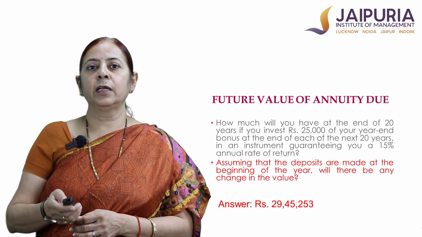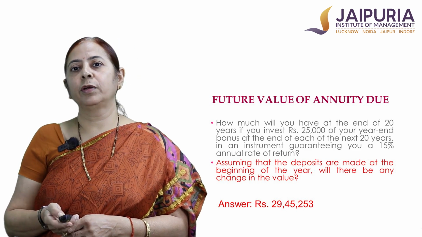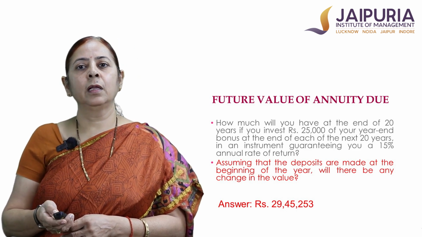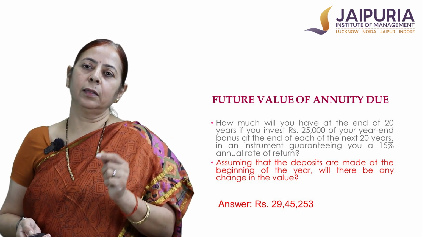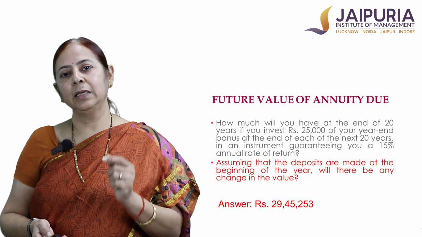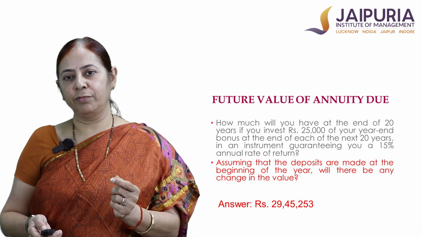So I am taking the same example. You are going to get year-end bonus, 20 years, 25,000 rupees. Rate of interest again is 15%. But I am asking you to assume that you are depositing the money at the beginning of each year. So how will the amount be calculated and what would be the difference in the amount?